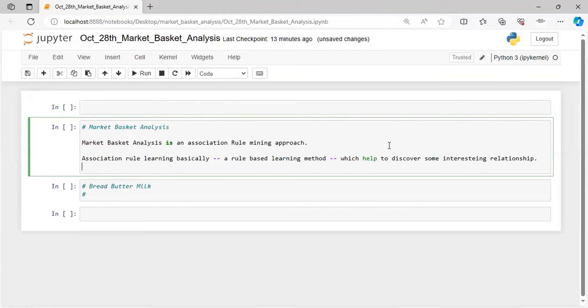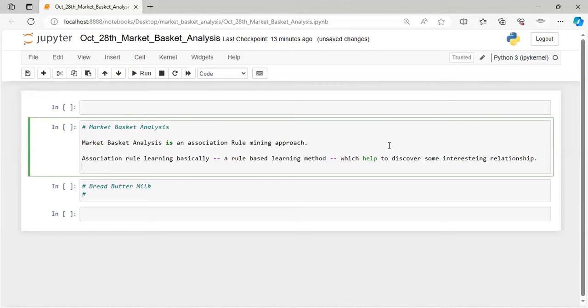So basically we try to calculate the mathematical value, the mathematical weightage of two items, two concepts. So all these things are connected together.